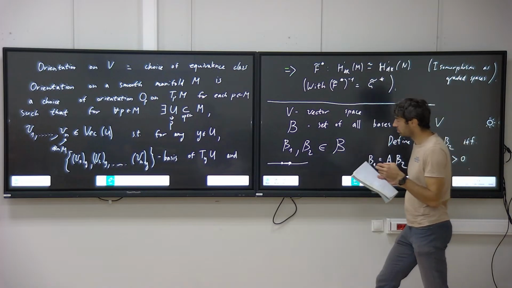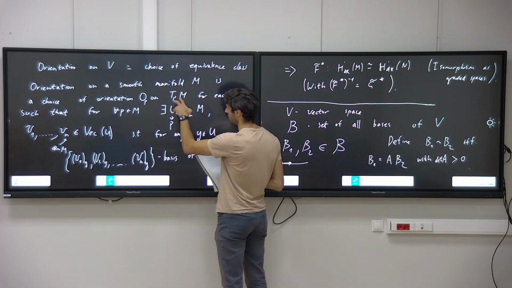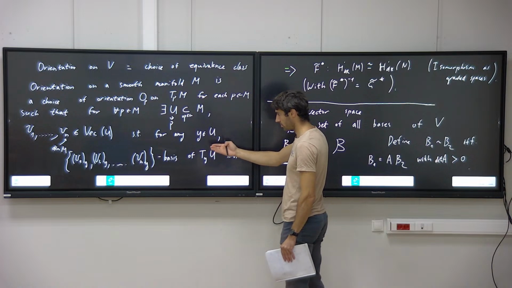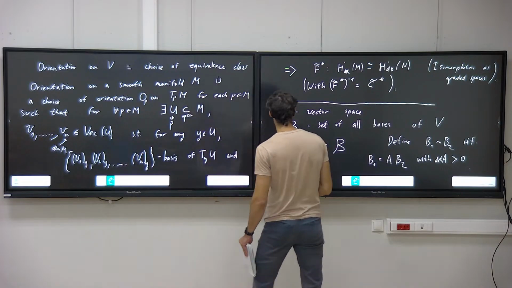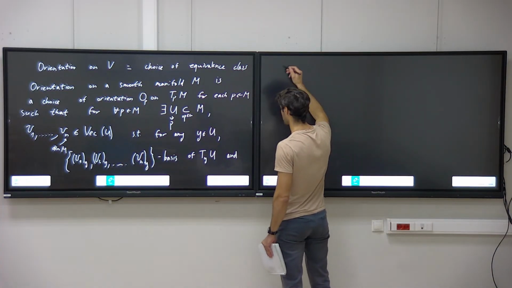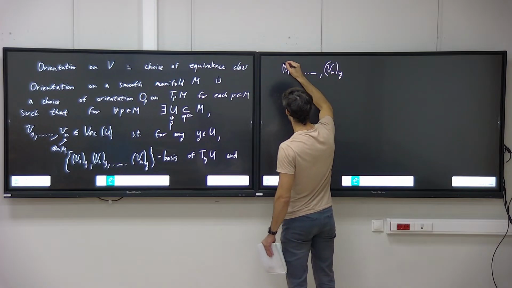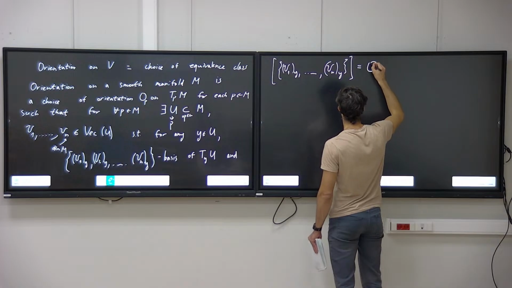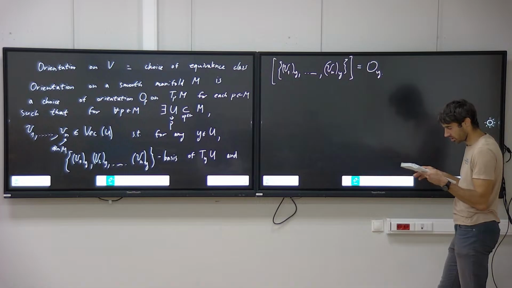So on each T_pM I choose a class of equivalence on the set of bases for T_pM and call it O_p, such that all these O_p are consistent, meaning that locally around each point I have n linearly independent vector fields, such that v1(y), ..., vn(y) is a basis, and I consider the class of this basis, and this is O_y. So this is what an orientation is.